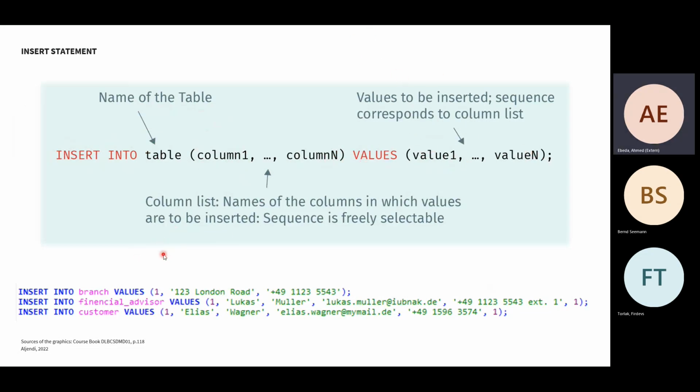So for example, insert into branch, this is the table name, values, and you are giving the values, but in this case you are giving the full structure. Here you insert for all columns: the ID, the address, and the phone number.